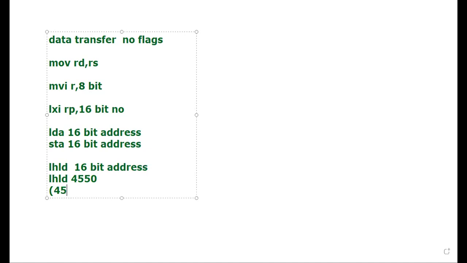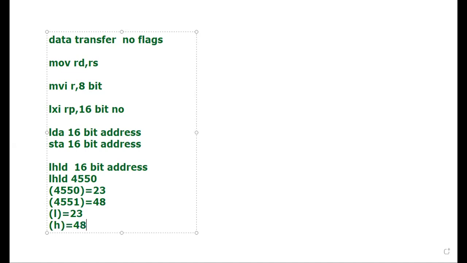The contents of 4550 are, for example, 23 and contents of 4551, consecutive addresses, take 48. Then your L contents will become 23 and H contents will become 48. Okay, so this is how you'll have to explain. Lower means the contents of the mentioned address go in L, the next go in H.